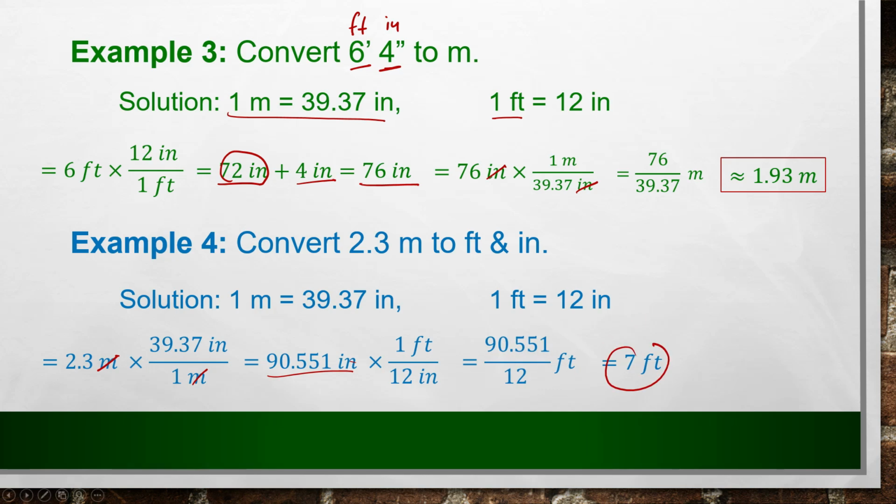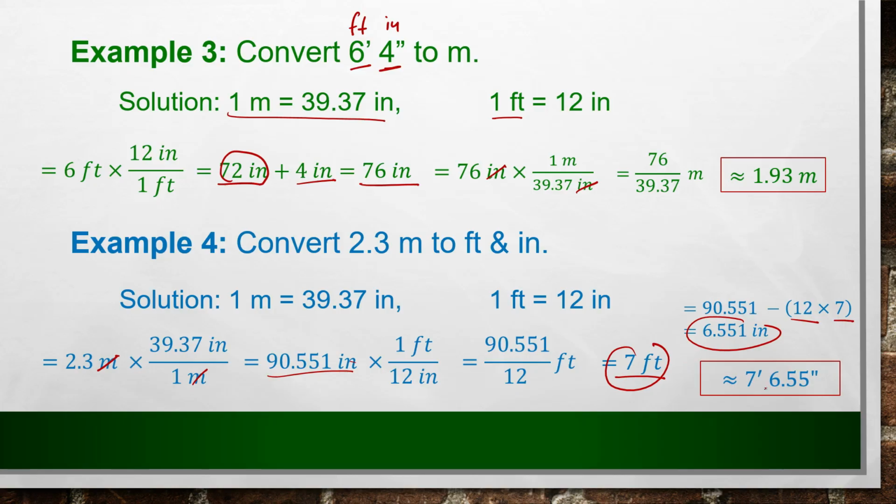We need to know the excess or the remainder. So in order for us to determine the remainder, we will do this: 90.551 minus 12 times 7. The 12 is because there are 12 inches in 1 foot. The 7 is because that's what we have here, meaning there are 7 feet that fit into 90.551 inches. So now there's an excess of 6.551 inches. So the answer is 7 feet and 6.55 inches, or 7 feet 7 inches.